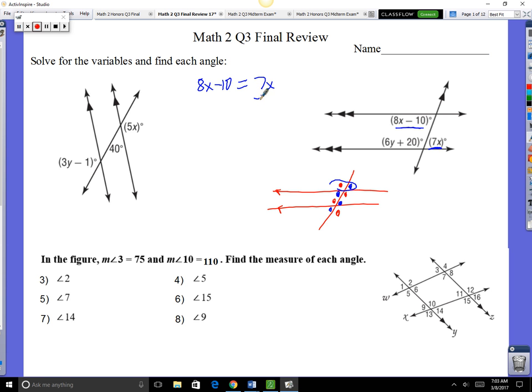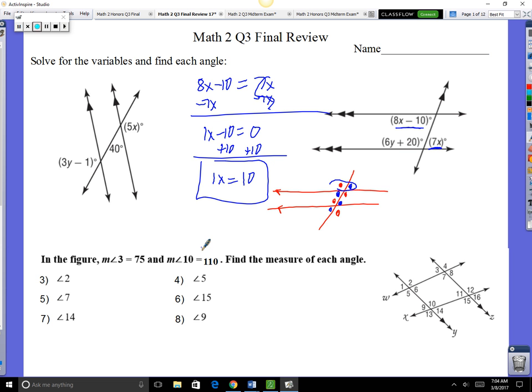I'm going to minus 7x on this side, minus 7x on this side. And that's done. 8x minus 7x, I just have 1x minus 10 is equal to 0. And so now I'm just going to undo the minus 10. I'm going to add 10, add 10. So I have 1x equals 10.